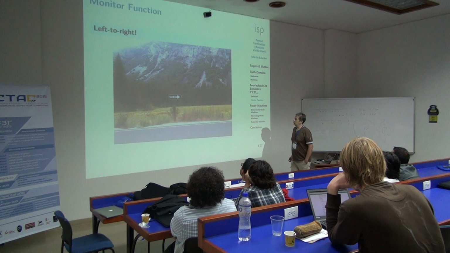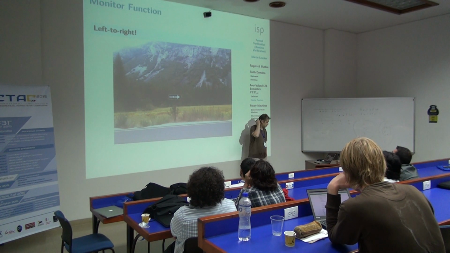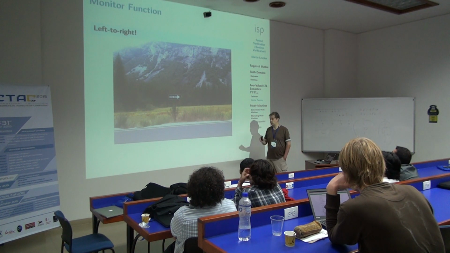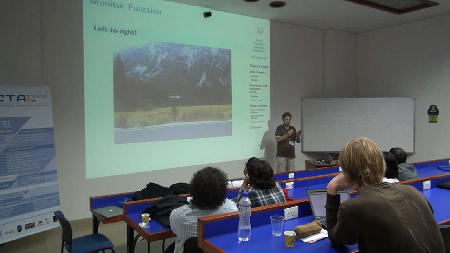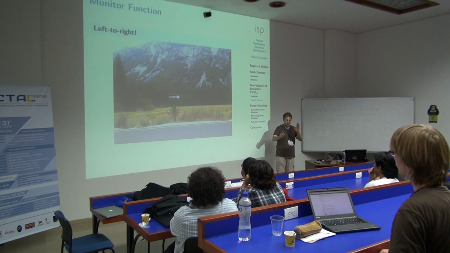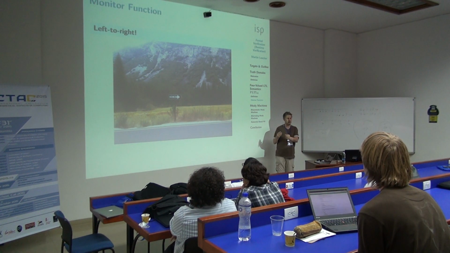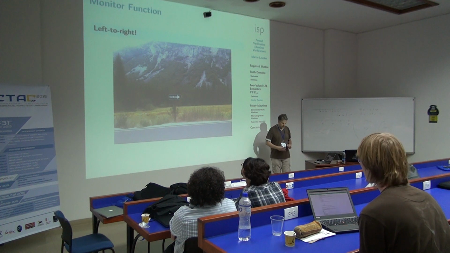Now let's come to monitor functions. The monitor function that we're going to build here is one where we want to evaluate our word from left to right. So we see the system running, and once we get a new state, we process it using our monitor, and then we wait for the next state, and then the next state, and so on.